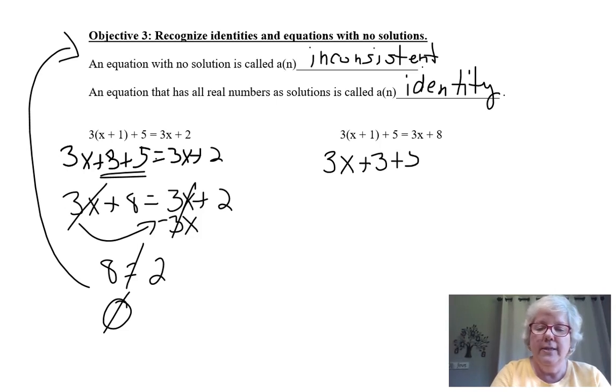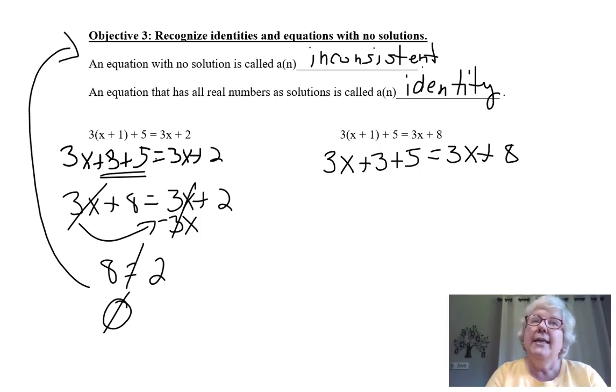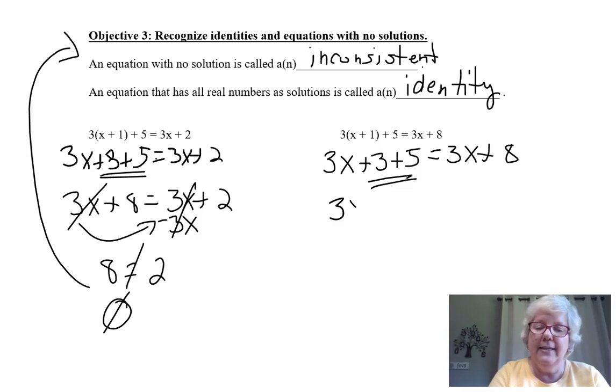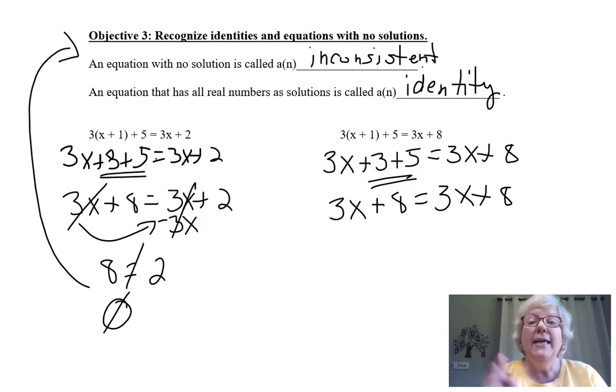Now, in this second example to the right, I again will use the distributive property, and it looks very similar. Now I will combine my like terms. 3 plus 5 is 8 again. But notice, the terms on both sides are identical. If it's identical, you can stop right there. That means it's an identity.